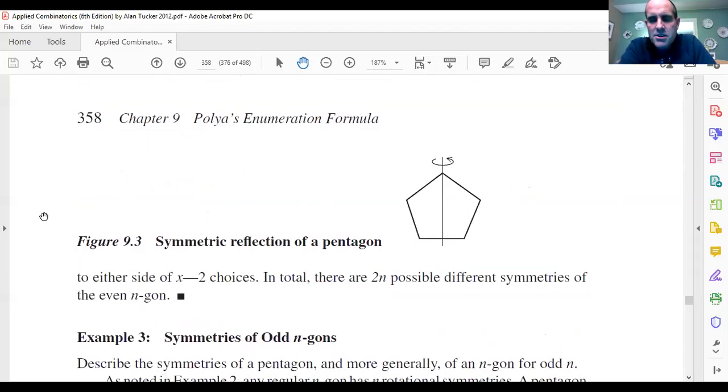In the case of a polygon with an odd number of vertices and edges, you can match up an edge with a vertex on the opposite side. There are n possible ways to do that, and for each one you draw an axis of reflection through that vertex and that opposite edge. There are a total of n of those.